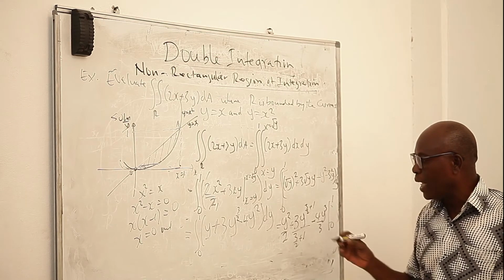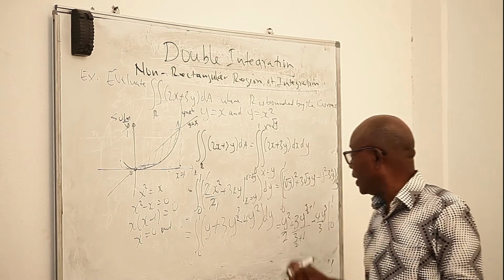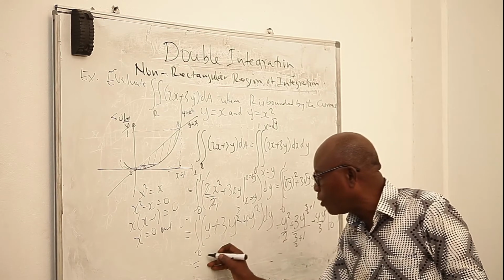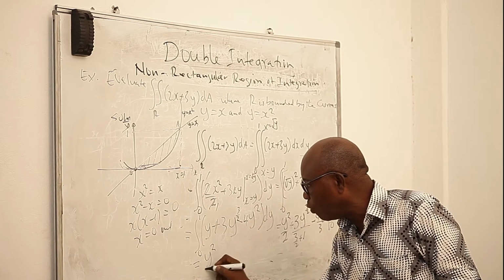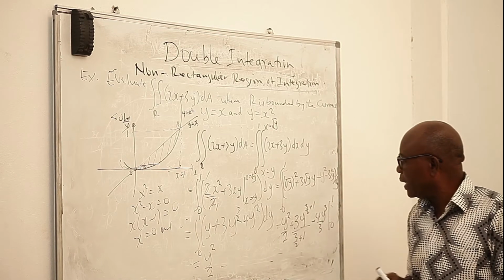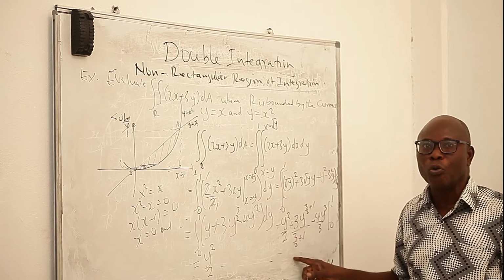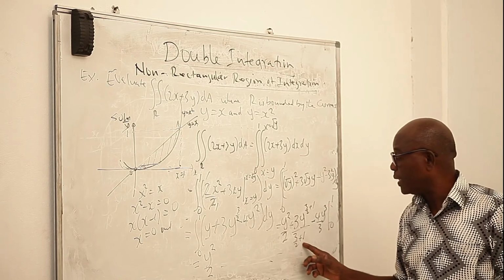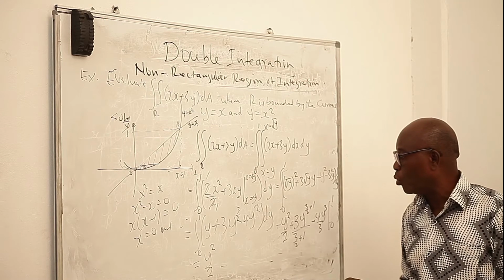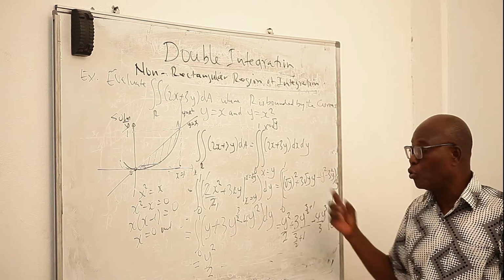And so let's tidy up first before we put the limit. We're going to have y squared over 2. Now, 3 over 2 plus 1 will give us 5 over 2. 5 over 2 is a divisor, and so the 2 will go up.